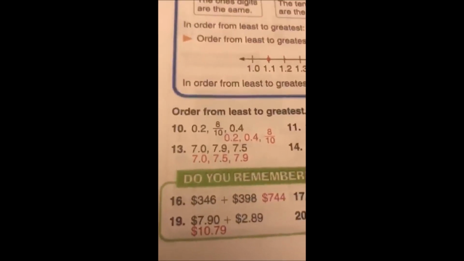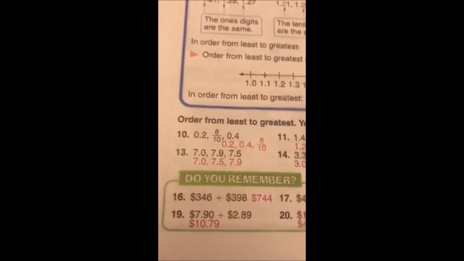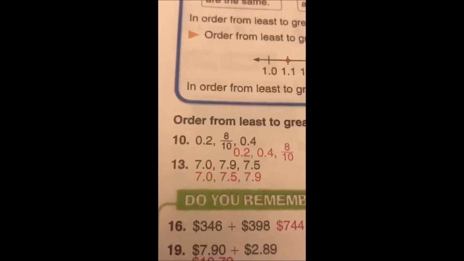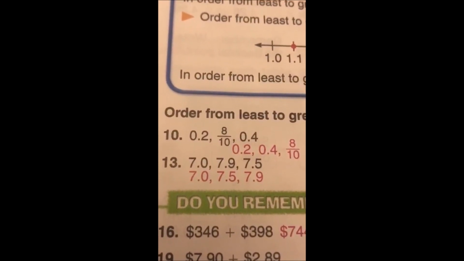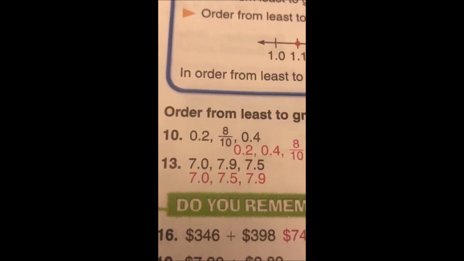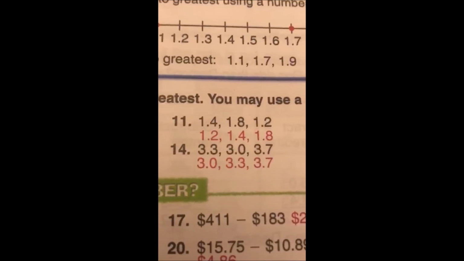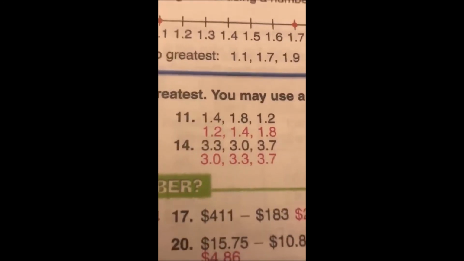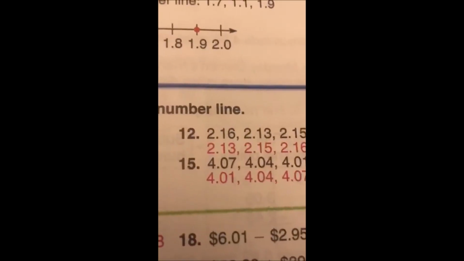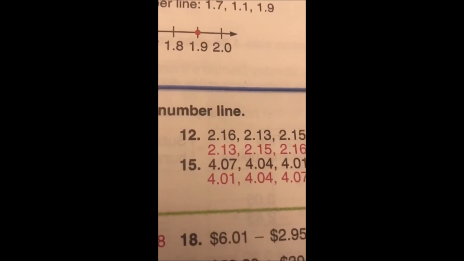Just wait. Okay, here they are, the answers. Forget about those here, we're not dealing with money. So this is the answer of number 10 and number 13. Okay, remember it's from the least to the greatest. Here is the answer, number 11 and 14, you can screenshot them. Here are the answers of number 12 and 15.